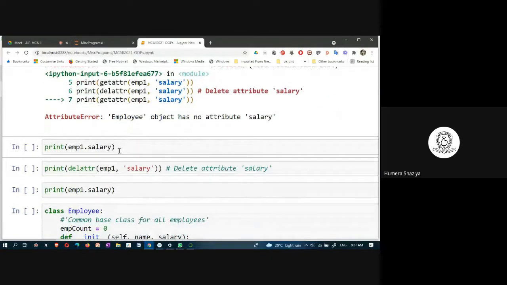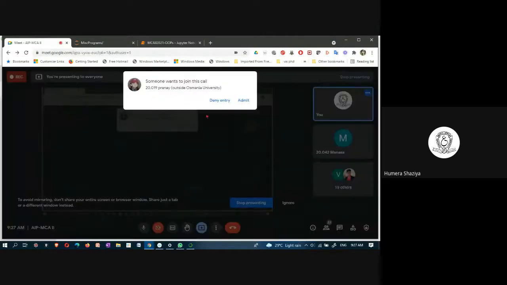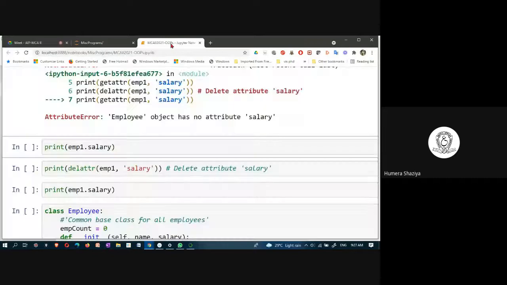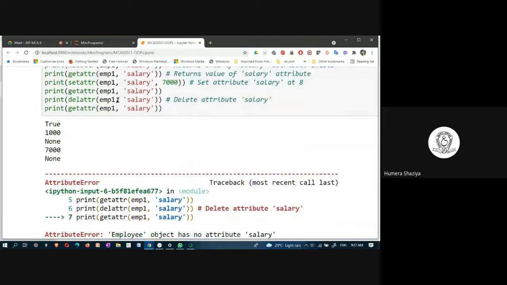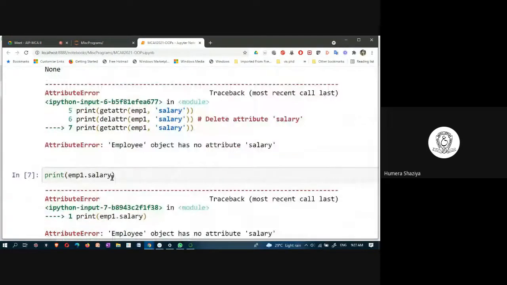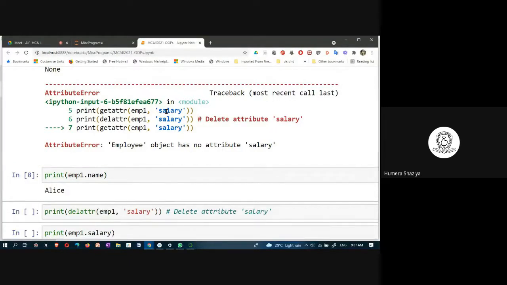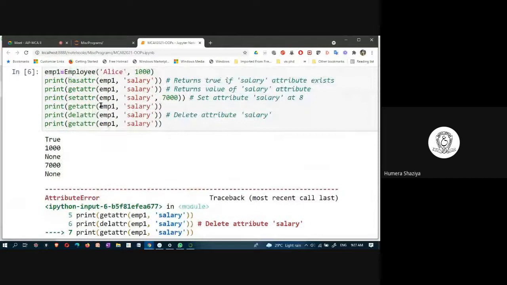And then this cannot be done now because it raises an error. Let us try. This attribute got deleted. That's why it is giving an error. Instead of this attribute, if we call the name attribute, it is printing Alice.